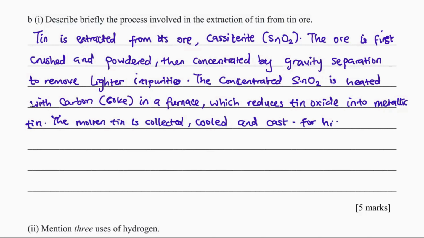Okay, so for higher purity, that is to get just the tin this time around without anything attached to it or any oxygen or any oxide, the tin can be refined.